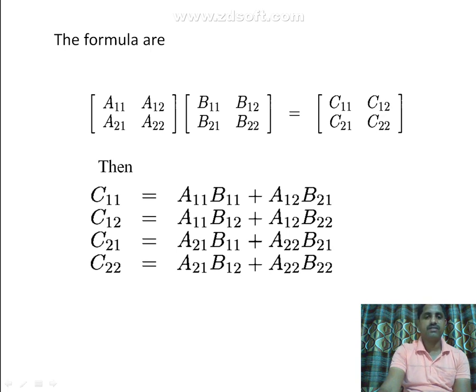That is C11, C12, C21, C22. Here you apply 8 multiplications plus 4 additions. In that way we compute the time complexity T of n, and we say it is big O of n cube.